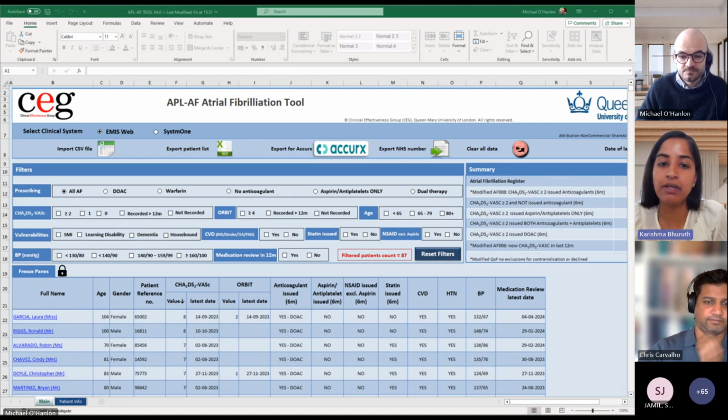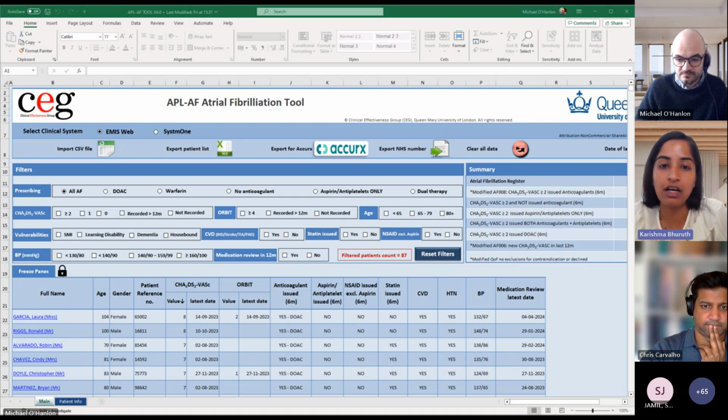We try our best to make sure that before release, we do a lot of testing in pilot practices to ensure that it's working well and there's no issues before we release the final version. However, we do appreciate that because different localities have different hardware and software, there have been times where practices have experienced difficulty enabling macros.